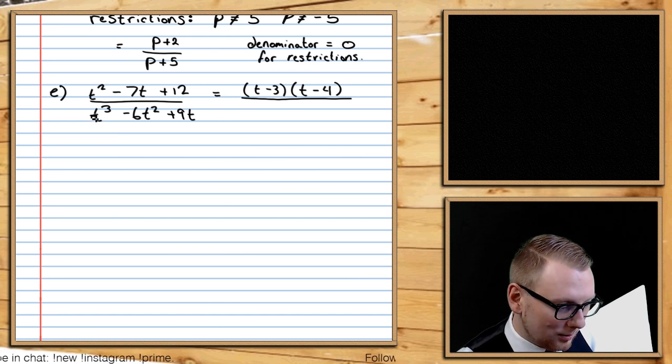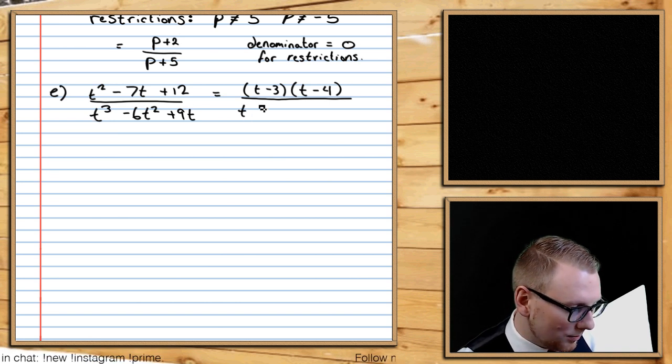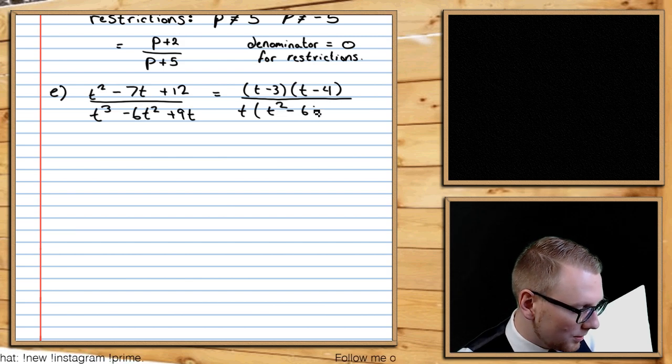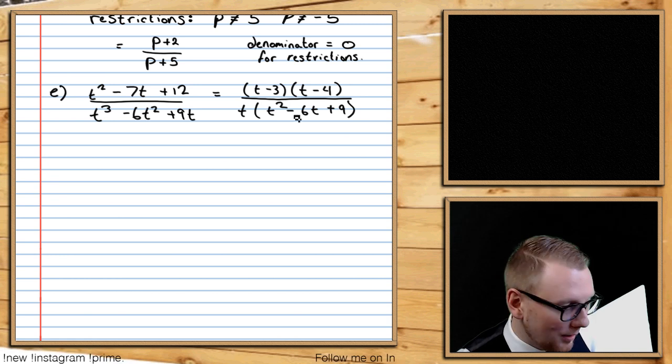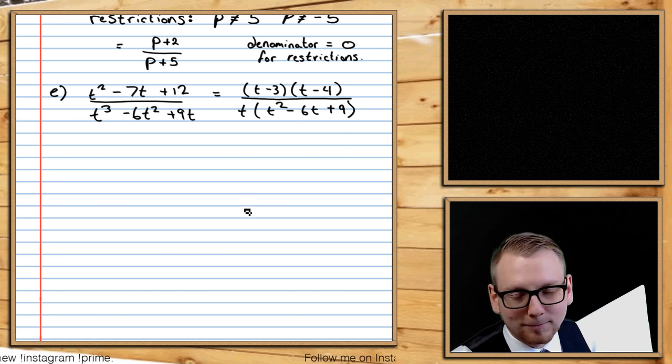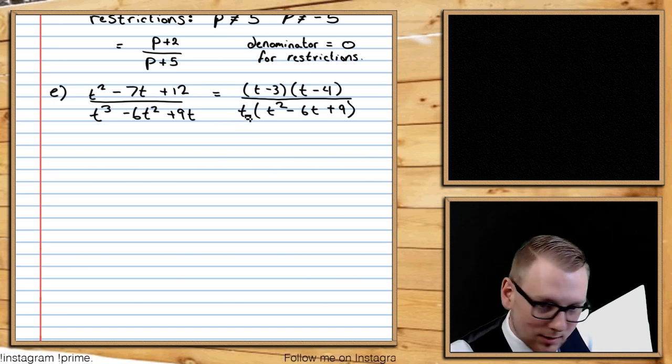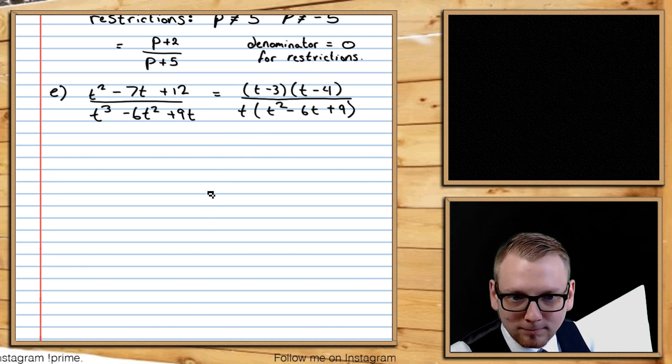The denominator, we can take out a t, and then we'd have t squared minus 6t plus 9, right? Now you can factor this normally. Do you see how we took out one t? Yeah.